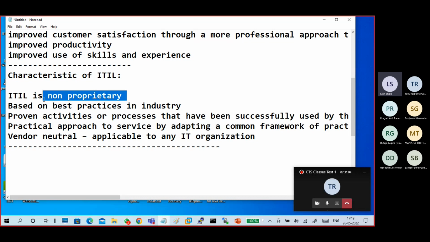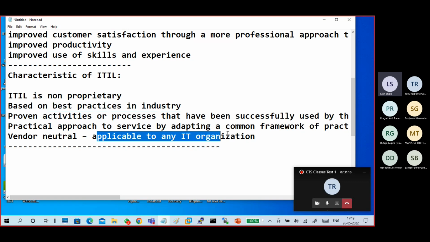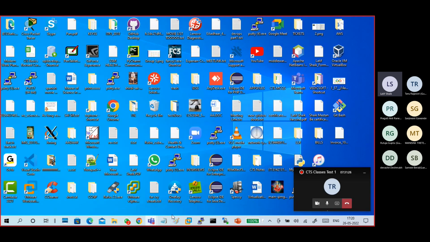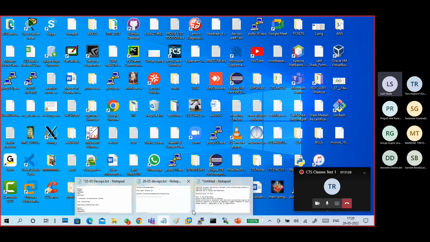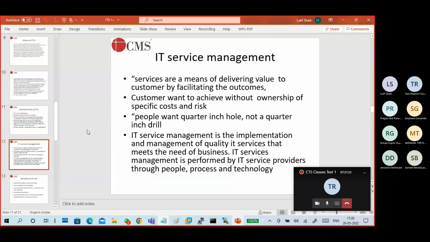It is non-proprietary; it can be applicable to any IT industry. Vendor neutral. It is like, sir, I belong to a Microsoft organization, my partner is with an Oracle organization, anything. It should be an IT organization. That's it. Only an IT organization. That's the only consideration. And there are a lot of things to tell, but okay.